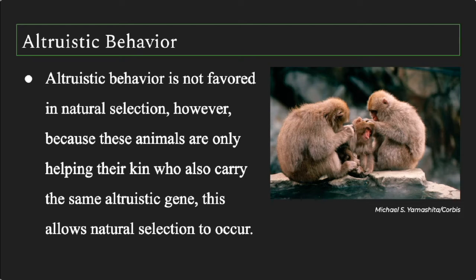However, because these animals are only helping their kin who also carry the same altruistic gene, this allows natural selection to occur. An example of altruism is when vampire bats regurgitate blood and donate it to other members of their group who have failed to feed that night, ensuring they do not starve.